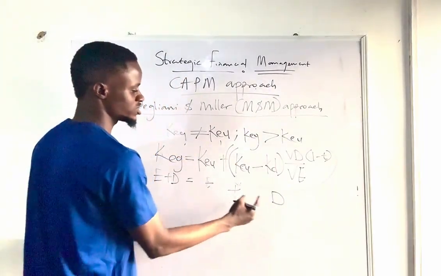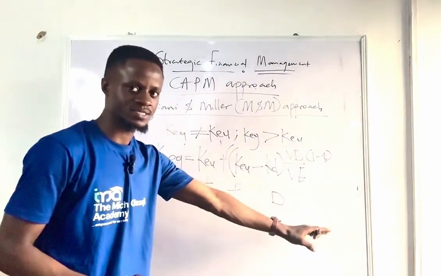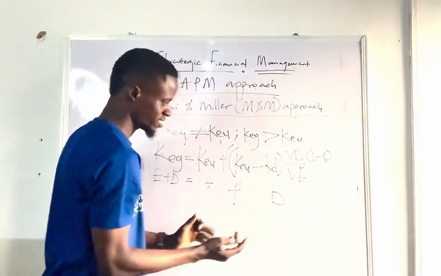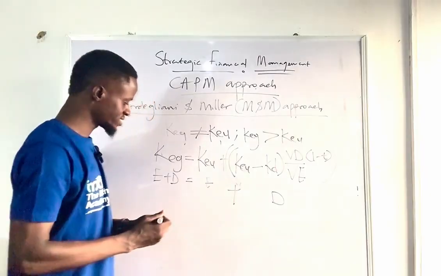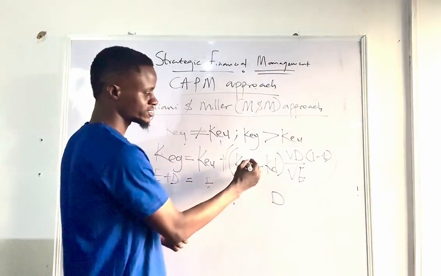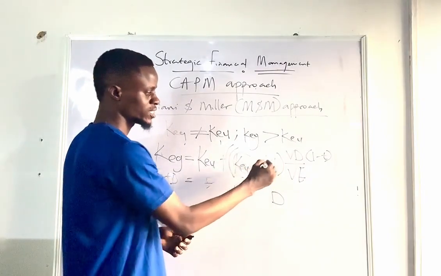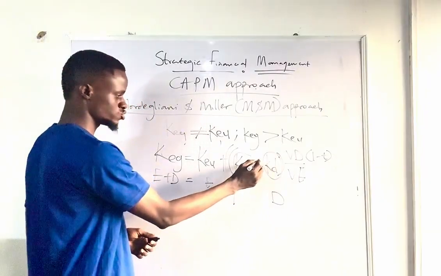Do you understand? That's K and debt. So for this component that relates to debt, because Keg has both equity and debt, this is full equity and this is full debt. So we want to know the difference in these two.